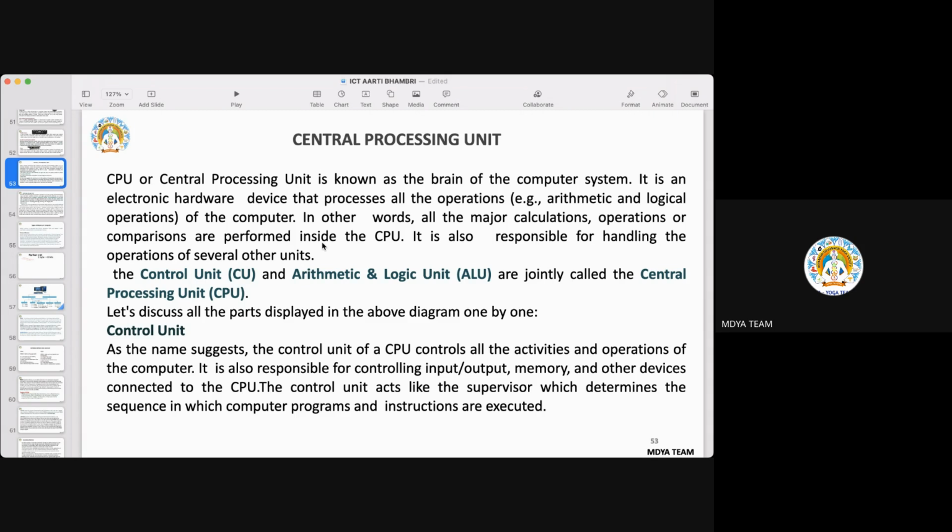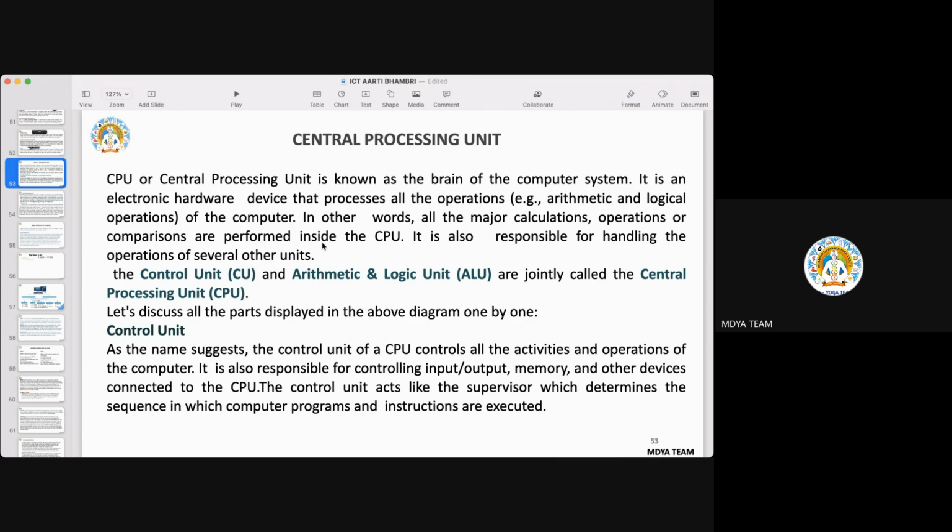So it is responsible for handling all the operations, as well as it controls all the input and output devices, right? There should be a proper link, proper coordination, or proper connection between the input devices and the output devices. Then only you can ask the computer to do certain operations and display on a certain output device. Then only the coordination can be made.